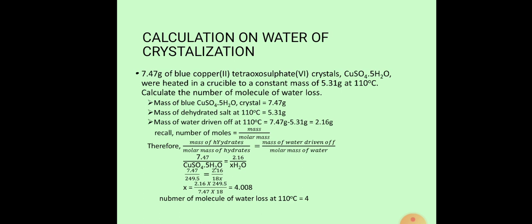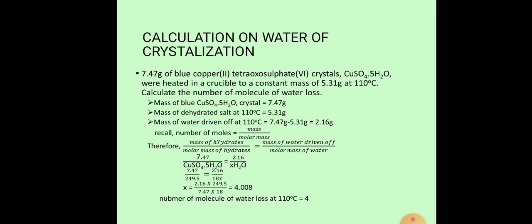Now, from the information, we have 7.47 over the molar mass of the hydrated salt. The molar mass of the hydrated salt, when calculated, gives us 249.5, which is now equal to the mass of the water lost, which is 2.16, over X molecules of water times the molar mass of water, which is 18.